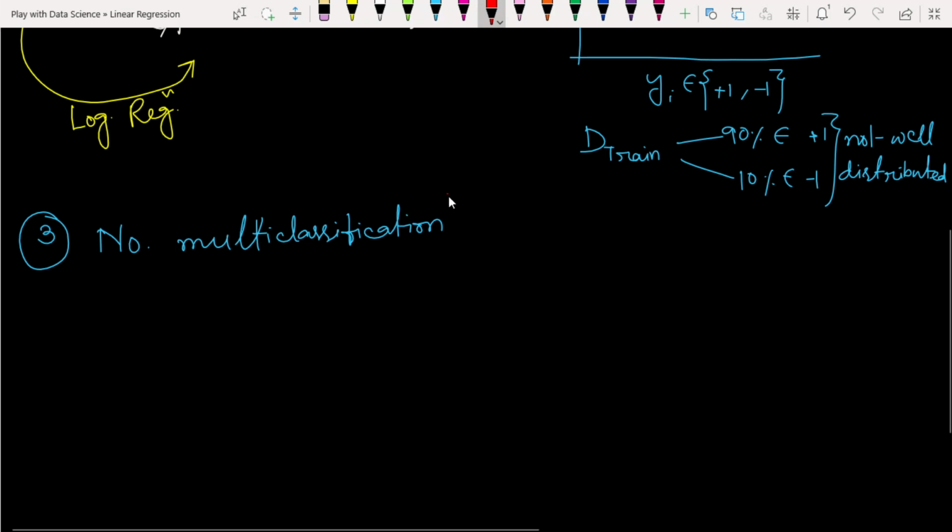It is not useful here because it is a classification technique.